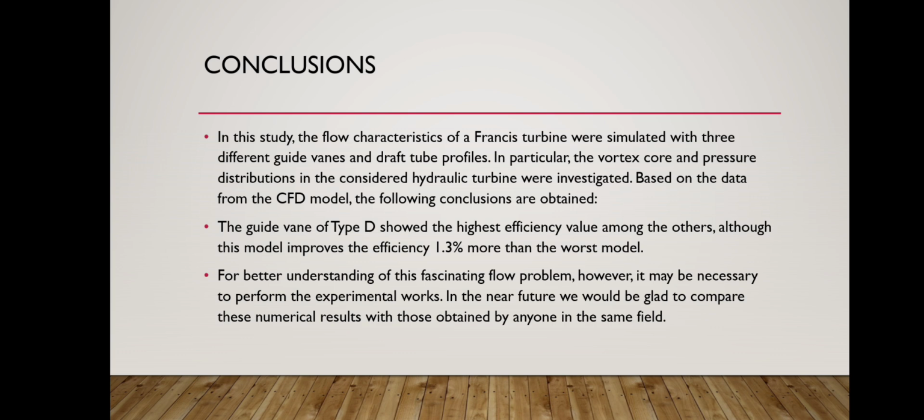In particular, the vortex core and pressure distribution in the considered hydraulic turbine were investigated, and based on the data from the CFD model, the following conclusions are obtained. The guide vane of type D showed the highest efficiency value among the others; this model improves the efficiency 1.3% more than the worst model.